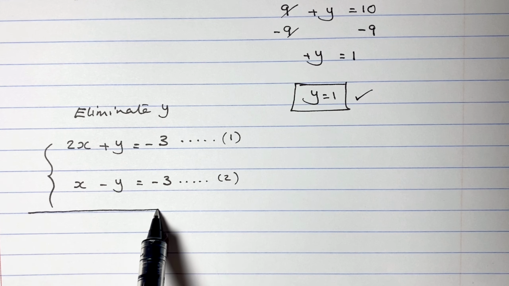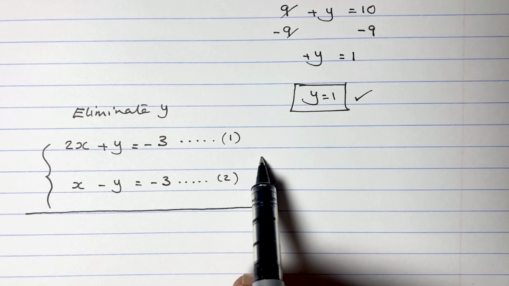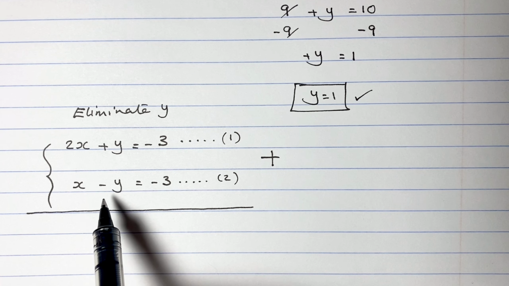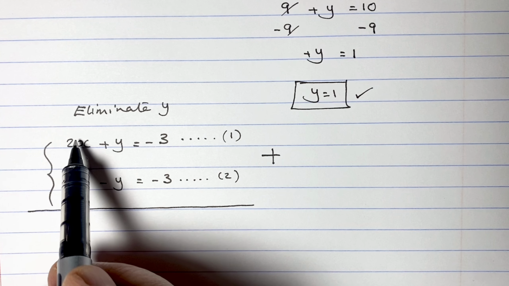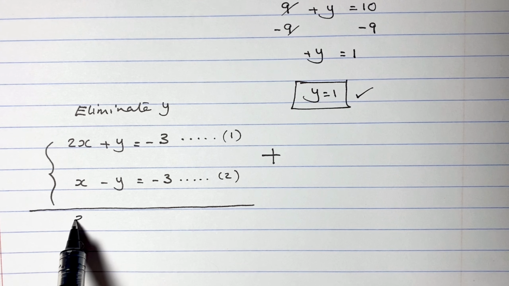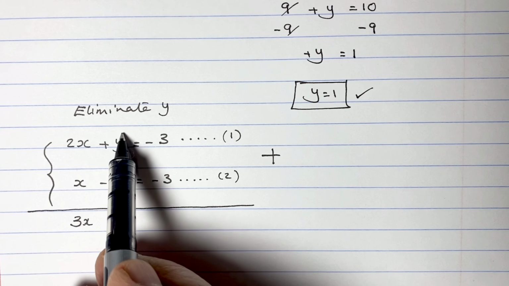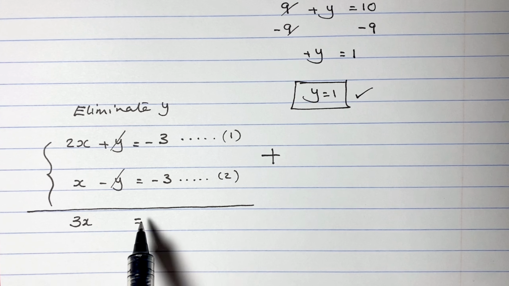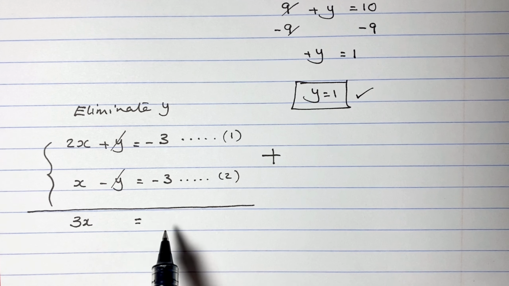Because when you put a line under and you add, plus y and minus y disappear. So let's start adding. 2x, add x, that's 3x. Plus 1y, take away 1y, 0y, no y. Minus 3 and minus 3 makes minus 6.